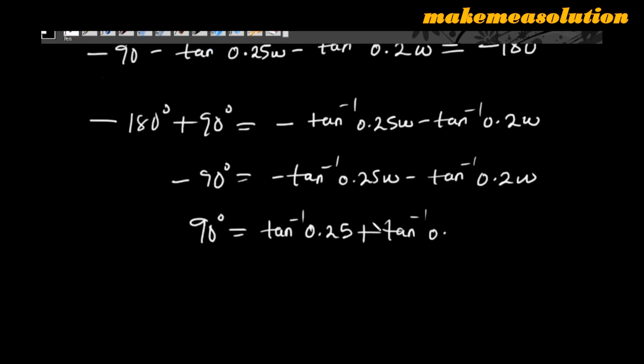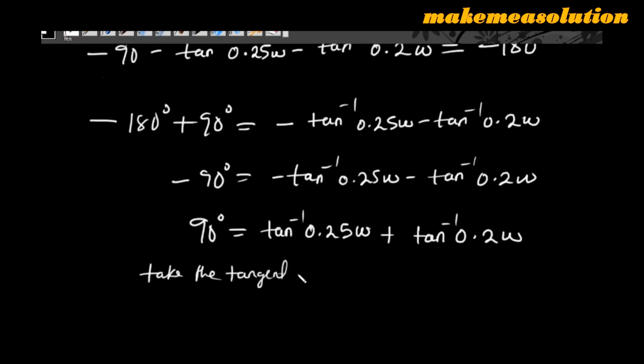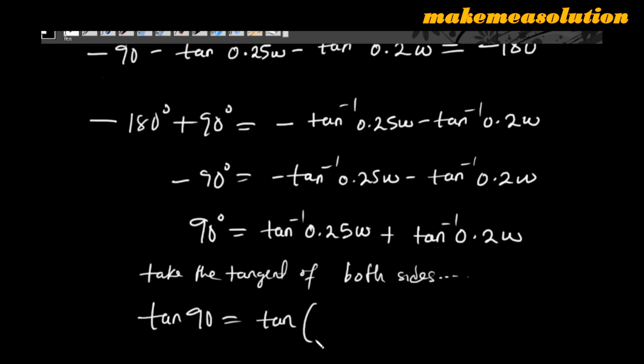So you take the tangent of both sides. Taking the tangent of both sides, tan 90 equals tan of tan inverse of 0.25 omega plus tan inverse of 0.2 omega.